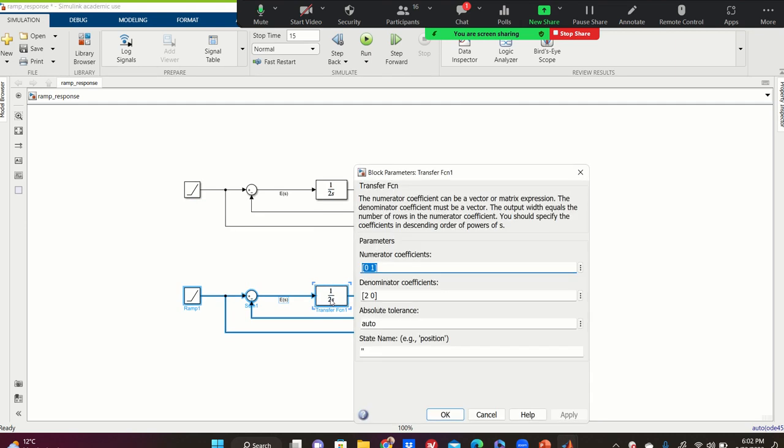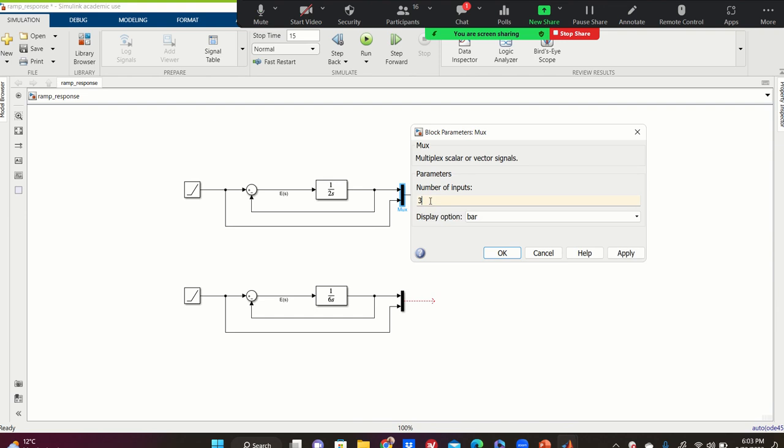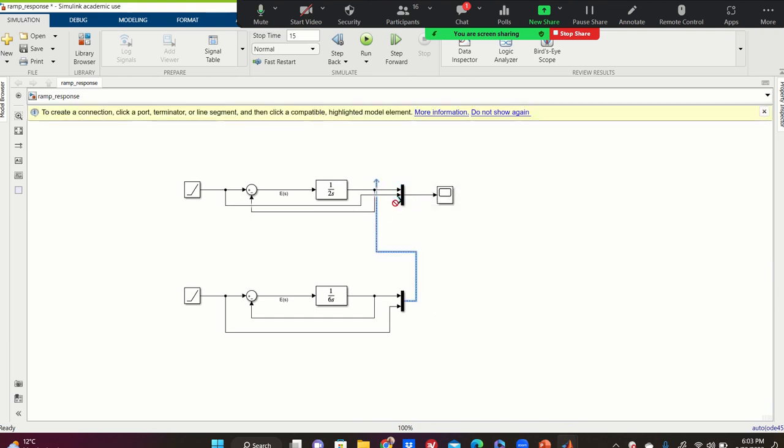Now I'm increasing the time constant to plot the error signal, guys, to 6 as we did. 1 over 6s. Here we go, round. First of all, I'm gonna increase the number of the inputs to the max as 3. Then I'm gonna put this here. I don't need this, but I want to plot the error signal.